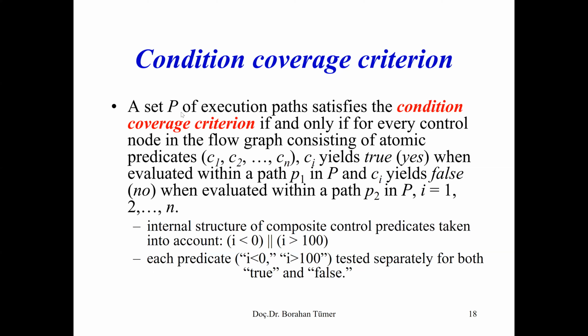A set P of execution paths satisfies the condition coverage criterion if and only if for every control node in the flow graph consisting of atomic predicates C1 through Cn, each Ci yields true, that is yes, when evaluated within a path P1 in P, and Ci yields false, that is no, when evaluated within a path P2 in P, where i is between 1 and n inclusively.